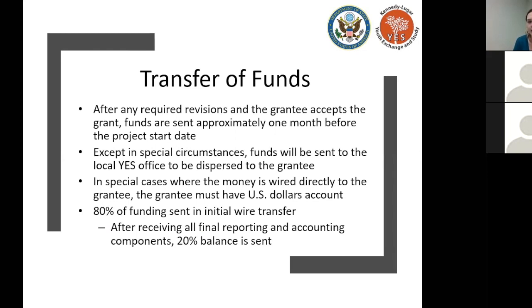We'd have to work that out one-on-one. If the money is sent directly to you, you must have a US dollars bank account, and talk to your bank in advance to ensure that your account is set up to accept US dollars. And as I said before, 80% is sent on the initial wire transfer, and then after that, the 20% balance is sent after you finish all your final reporting and accounting.